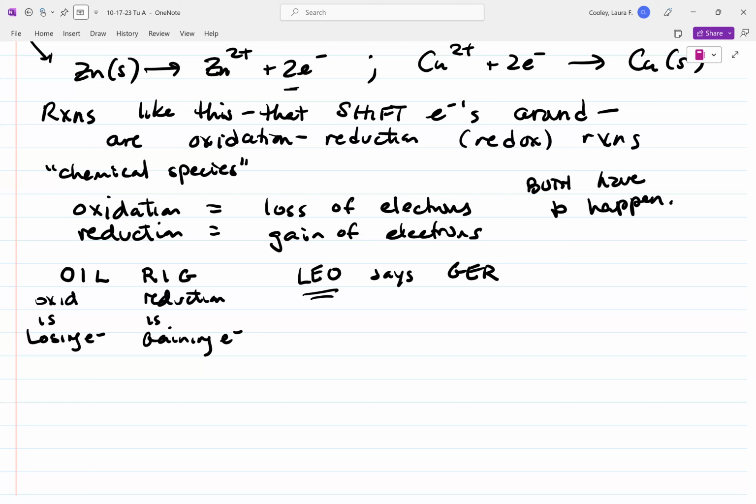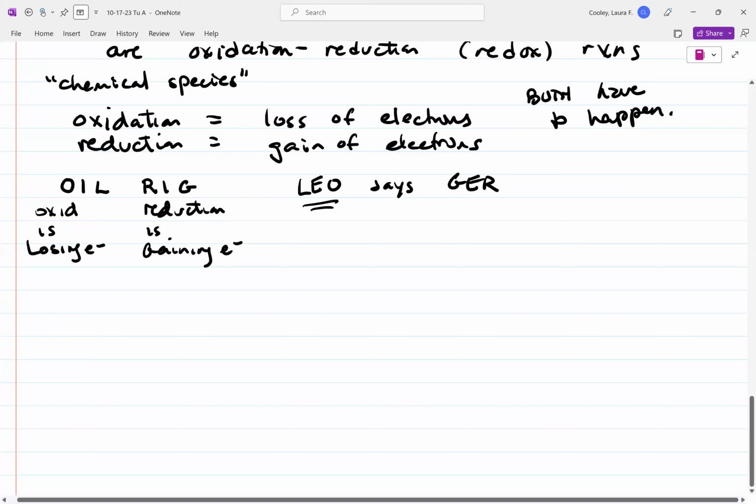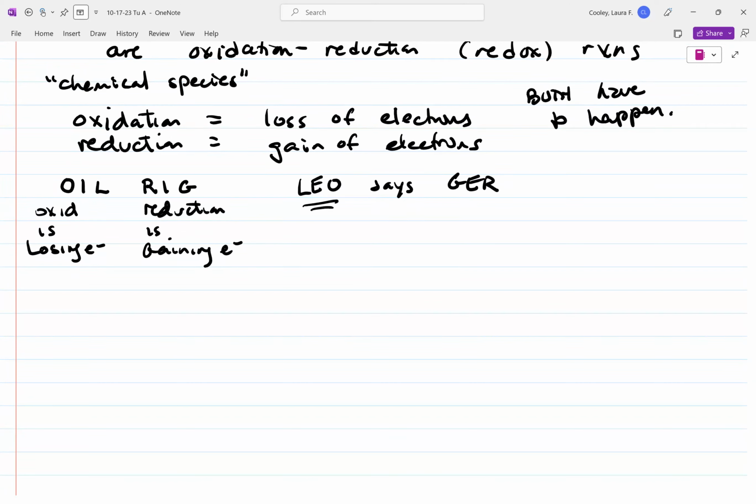Okay, so now you might ask the question, somebody muttered, gain of electrons is reduction? Like, what the heck is that about? So do they call it reduction just to confuse students and make them say, oh, it's the opposite of what I think? No, the reason why gaining electrons is reduction is because when electrons are gained, it reduces the charge, right?